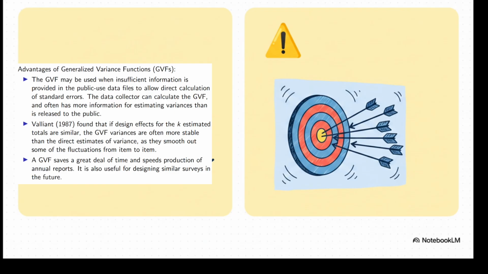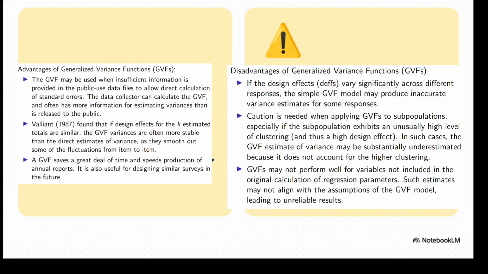Plus, because it's a regression line, it actually smooths out anomalous item-to-item fluctuations that you get in direct variance estimates. But the disadvantage? Well, if a specific subpopulation has a highly clustered design effect that wasn't captured in the model's base variables, your GVF standard error might be wildly inaccurate. Specifically, it might severely underestimate the true variance, which is a real danger.